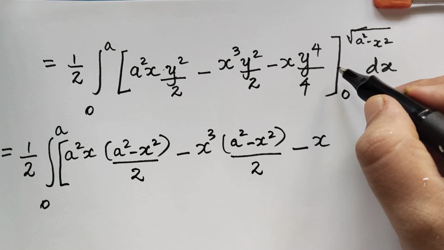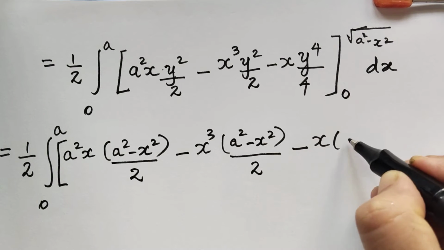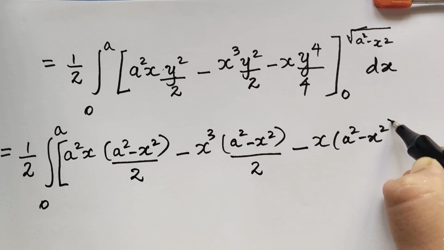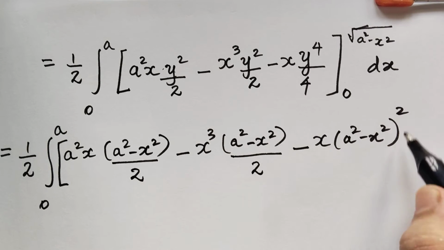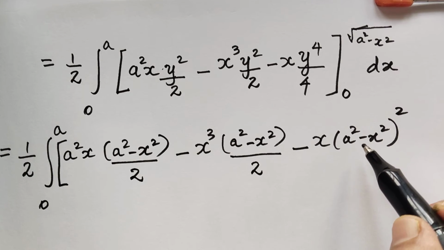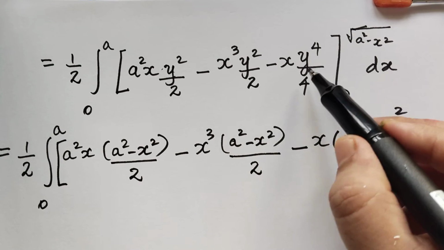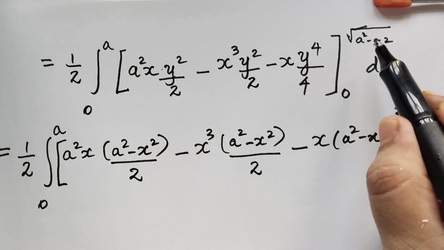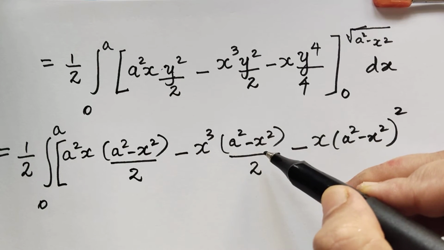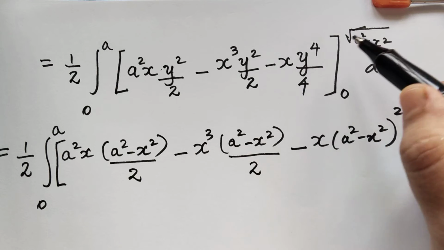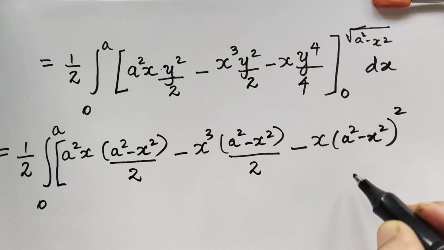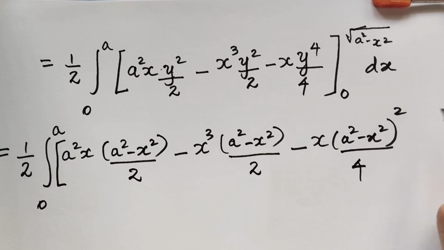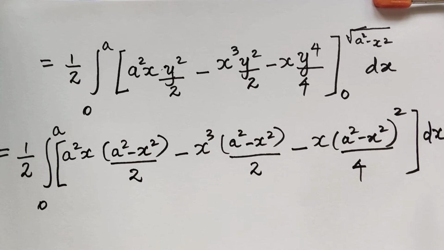So the square root will vanish, and the term a square minus x square will be squared, and so we will be getting a square minus x square the whole square, because it is y to the power 4. So remember very carefully, here we had y square, so we just took out the square root and wrote the term. But here since we have y to the power 4, we took out the square root and squared the term again, and this divided by 4 we have to write, and dx will remain as it is. So this we will be getting.